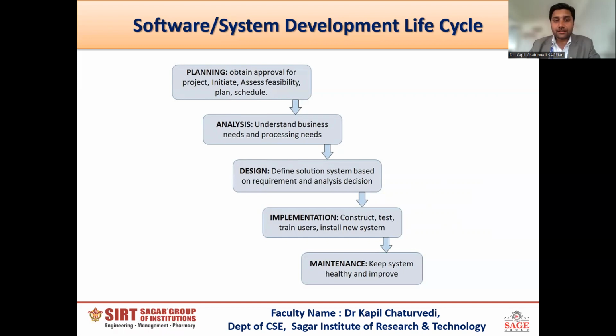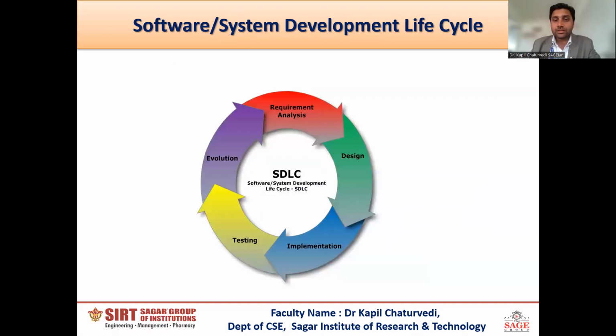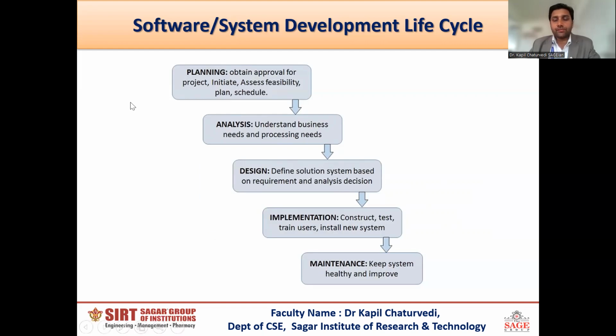Once we understand that life cycle, we will discuss the various mechanisms based on the SDLC process. The phases of SDLC are planning, analysis, design, implementation, and maintenance. In the planning phase, we try to understand the needs of the customer.